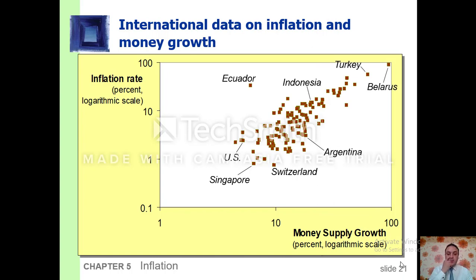We can see in international data on inflation and money growth, the inflation rate on the vertical axis and the money supply growth on the horizontal axis. In many different countries, we can see a nearly linear, positive relationship between the growth of the money supply and the increase in the inflation rate.